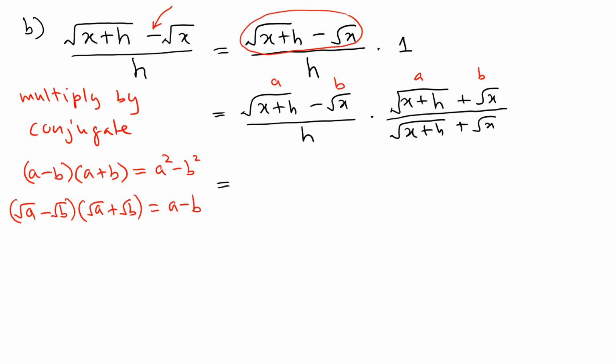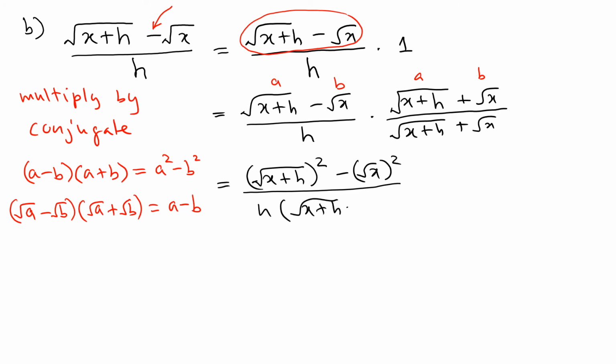If you multiply the numerators, what we get is the square of the first term minus the square of the second term, divided by h times the square root of x plus h plus square root x. When you square the roots, you simply get x plus h minus x divided by h times the square root of x plus h plus square root x.